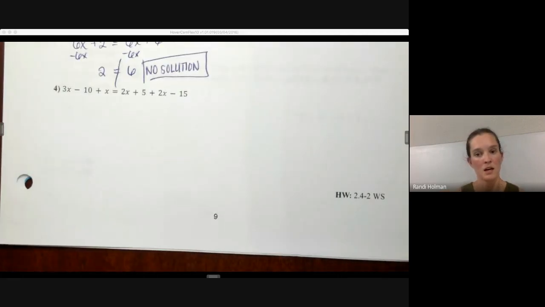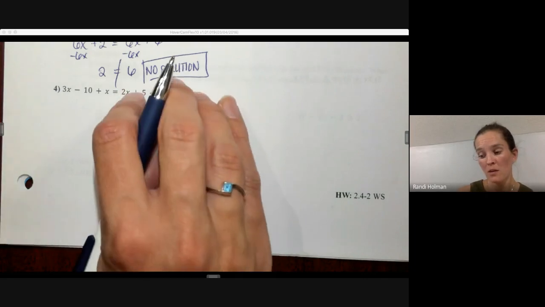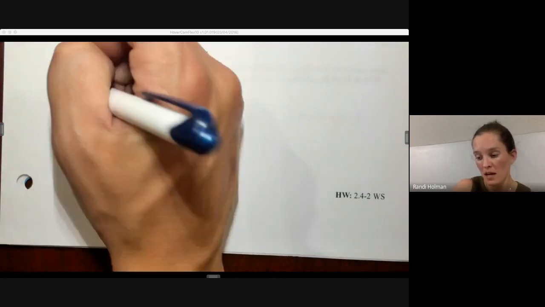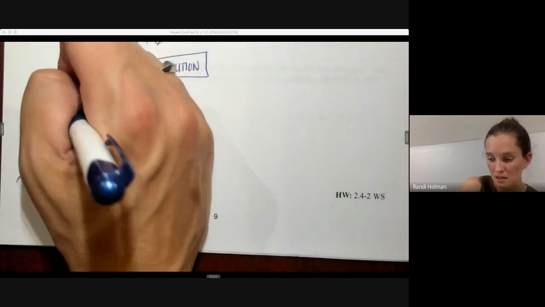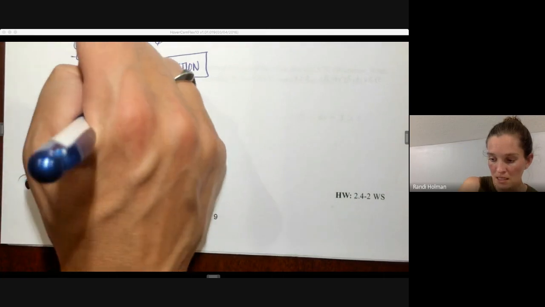Last one here. 3x minus 10 plus x equals 2x plus 5 plus 2x plus 15. So again, lots going on. Look at one side then the other. 3x, like term with x. Combine those: 3x plus x is 4x, minus 10.